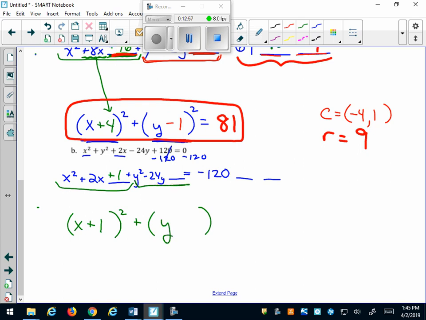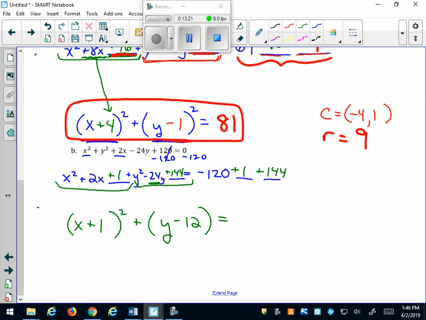Again, do our magic. Half of the middle term, half of negative 24 is negative 12. Square it. And what are we going to add? 144. So whatever we do to the left, we have to do to the right. So we're going to add 1 and add 144. Now remember, it's a negative 120.